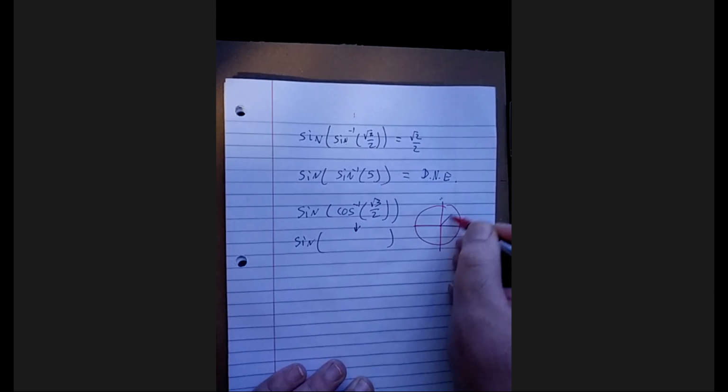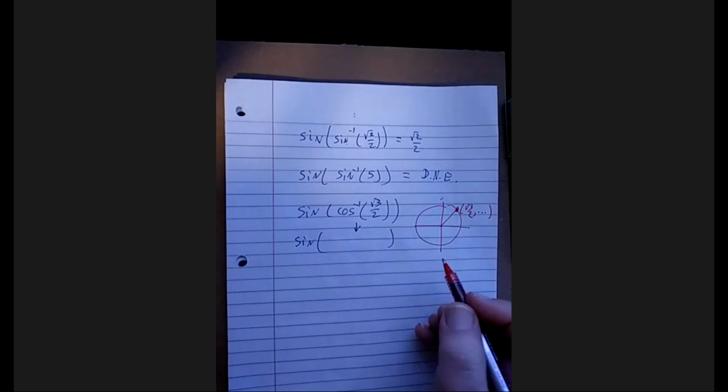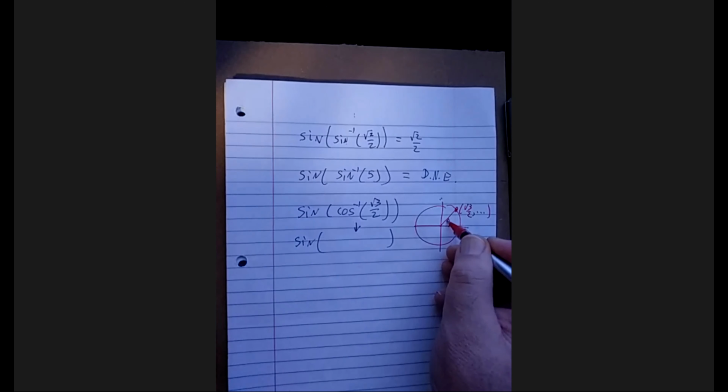If I look for an angle, there'll be an angle somewhere that has an x-coordinate of root 3 upon 2. Agreed? And what angle does that? Isn't that quarter pi? Nope, that's root 2 over 2, but a little bit further up. Pi over 3. That's the one.